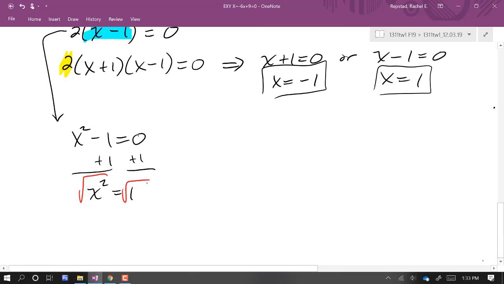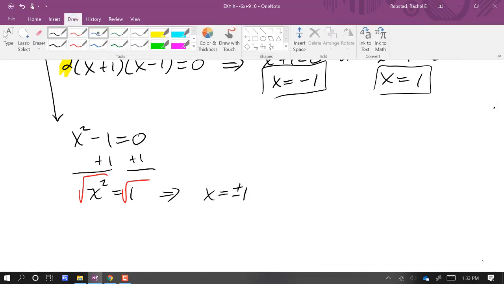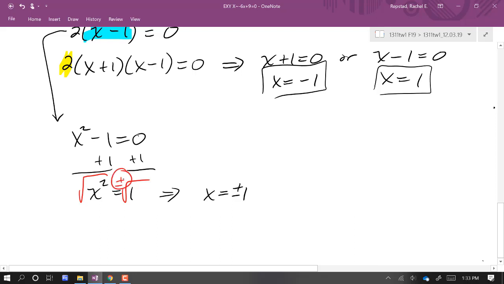But generally, whenever we're the ones to impose a radical on an equation that's not already there, we have to consider both the positive and negative roots. There are 2 square roots of 1. They're 1 and -1. And so this is another way to solve this equation, that x is plus or minus 1. We have to make sure we consider both of those.